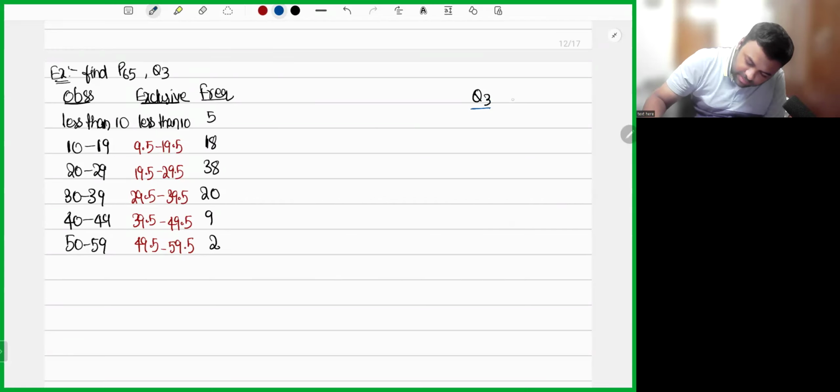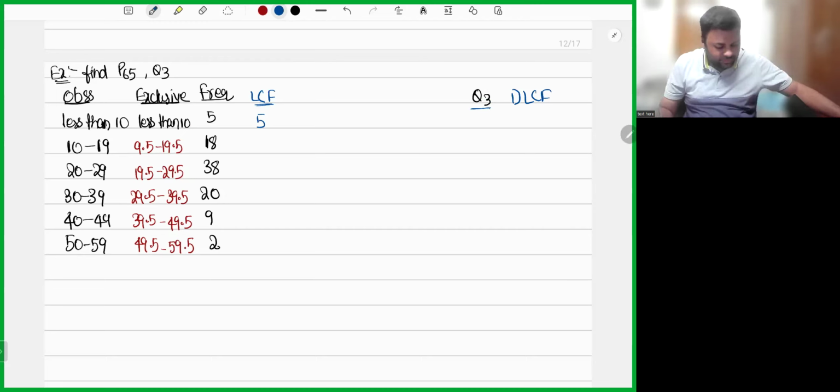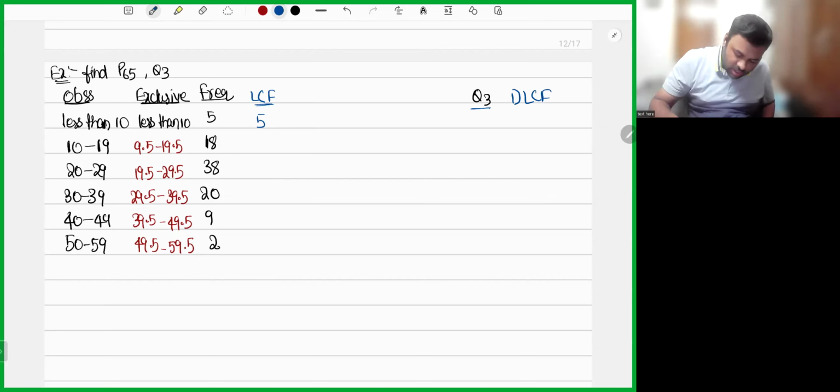What is the first step? The first step is LCF. Let's do LCF: 5 plus 18 is 23. Then 23 plus 38 is 61, then 81, 90, 92.